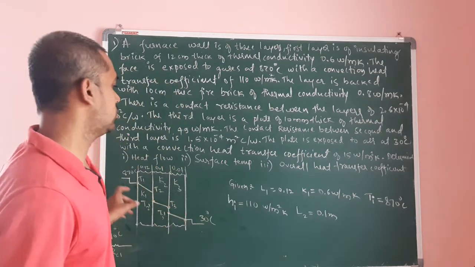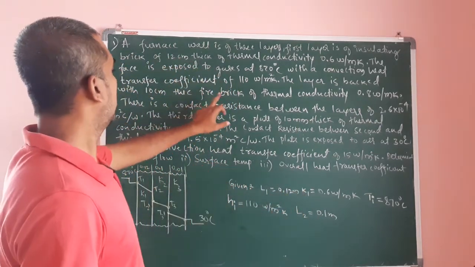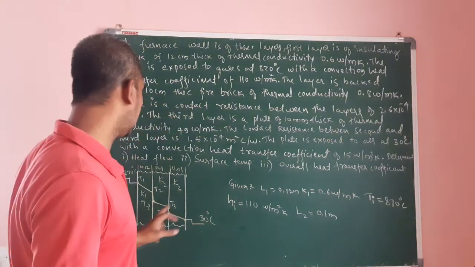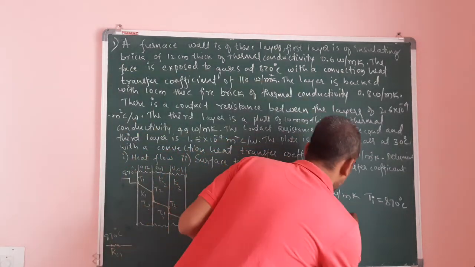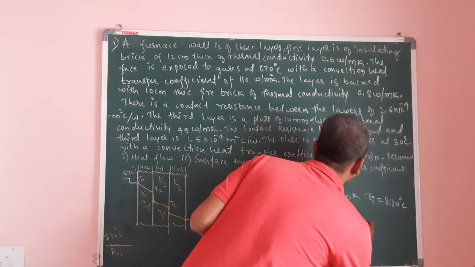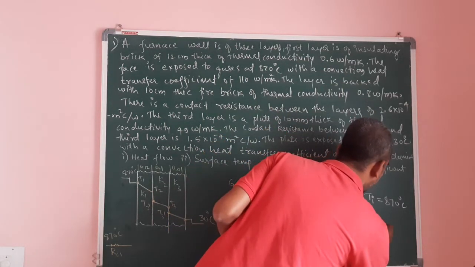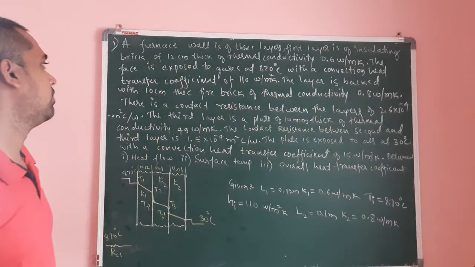Okay. And its thermal conductivity. Thermal conductivity of this fire brick K2 is equal to 0.8 watt per meter Kelvin.